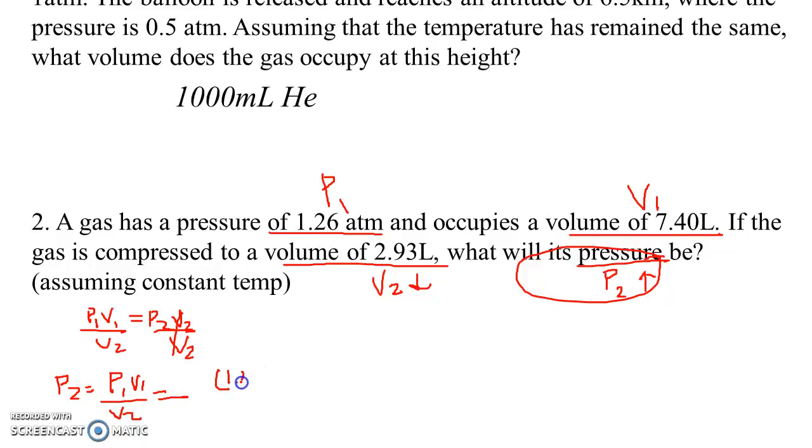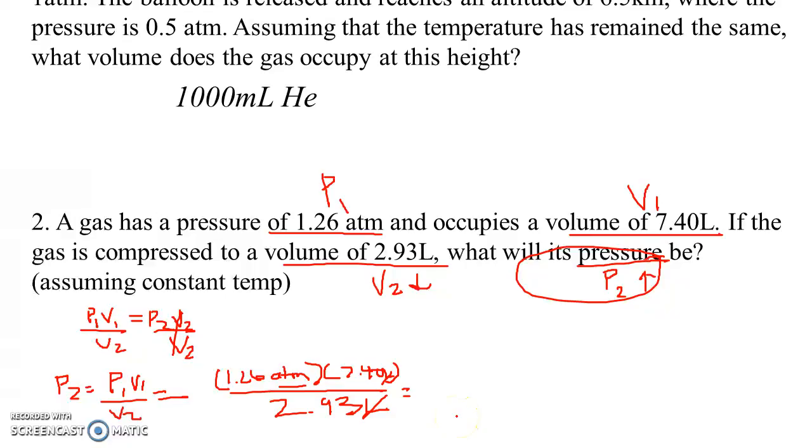P1, 1.26 atmospheres. V1, 7.40 liters divided by V2, which is 2.93 liters. Okay, this time our liters are going to cancel. We're left in atmospheres for a unit.